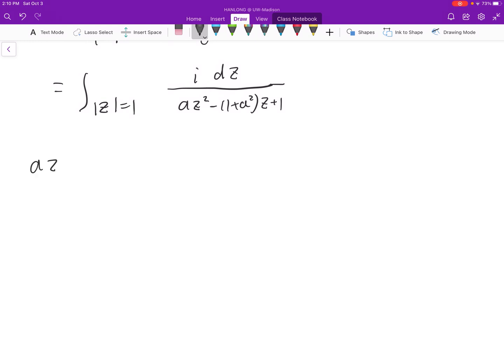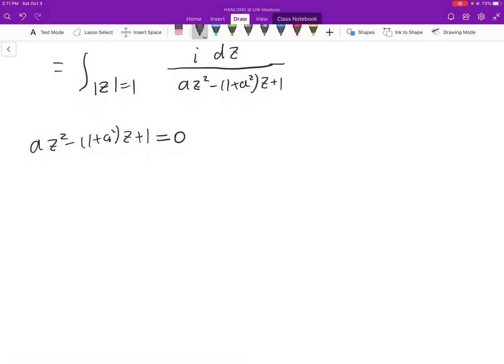Next, try to locate the poles of this holomorphic function, that is, the zeros of the denominator. Recall that the denominator can be factorized as (az minus 1) times (z minus a). Therefore, you have two poles.